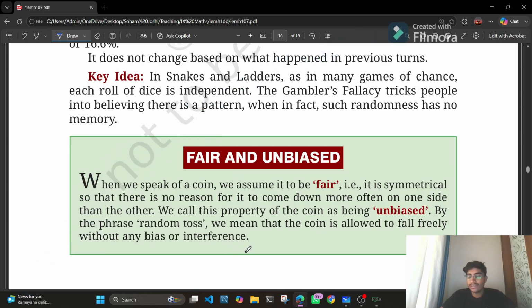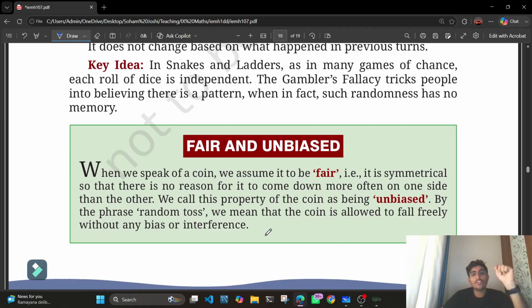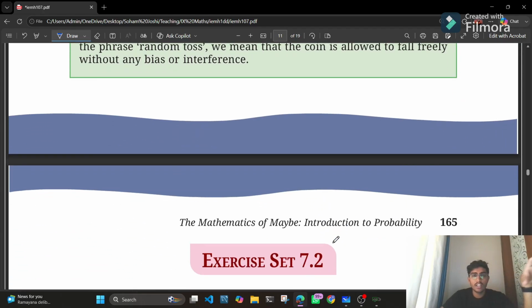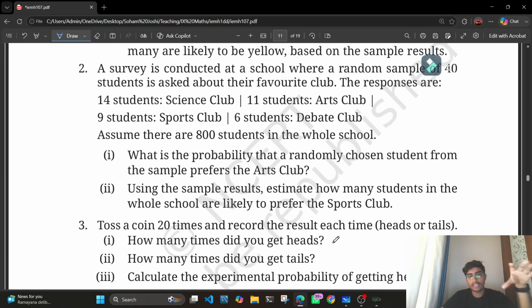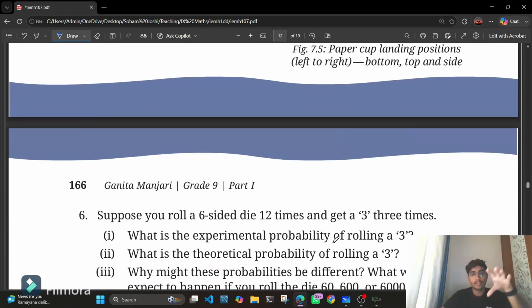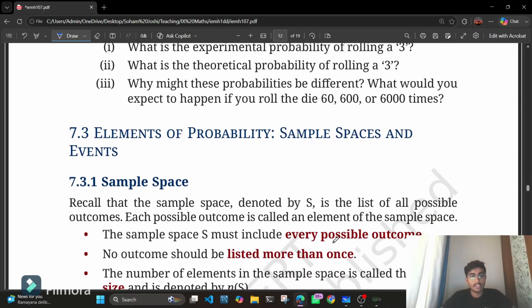Basically, if we toss a coin, it is like a one in a million chance that it would stand on the center line, right? It would either be a head or a tail. So this is what we call being fair or unbiased, because we are not biasing towards one situation. We have got probabilities for both situations, and they are equally likely to happen. I hope that's understood.